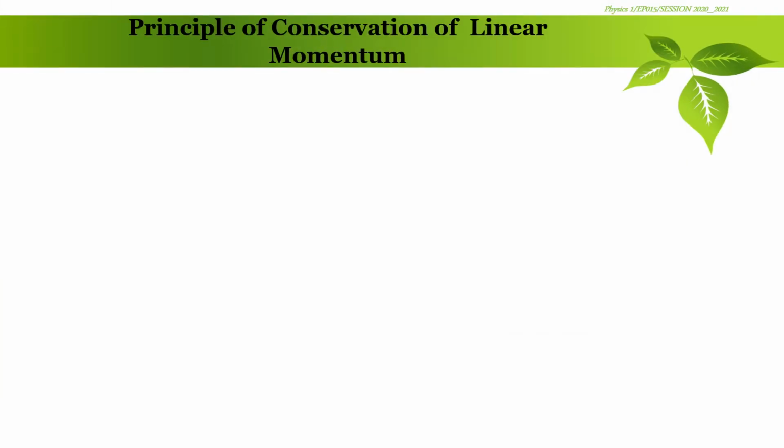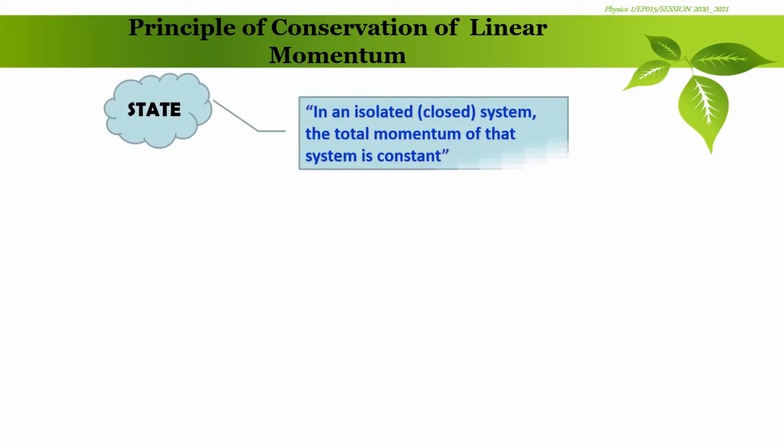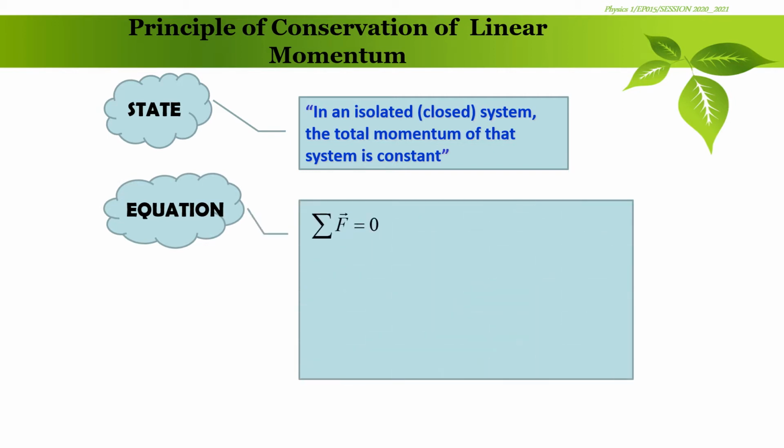The principle of conservation of linear momentum basically means that in an isolated or closed system, the total momentum of that system is constant. In an isolated system, the total external force is zero, thus summation F equals 0.